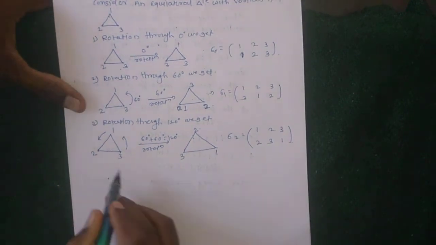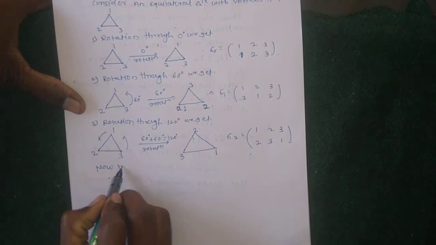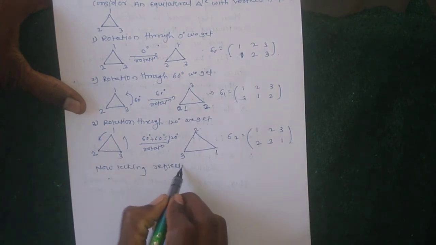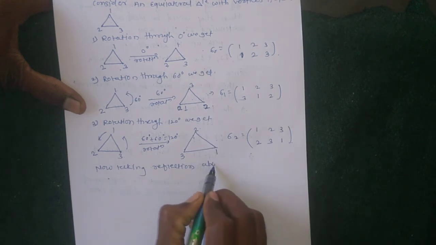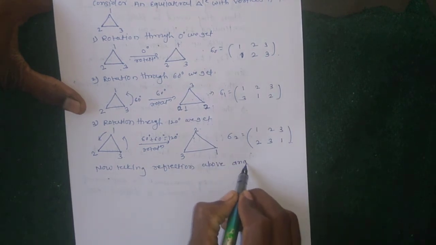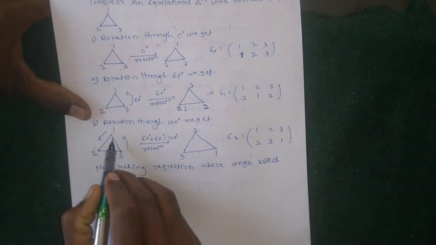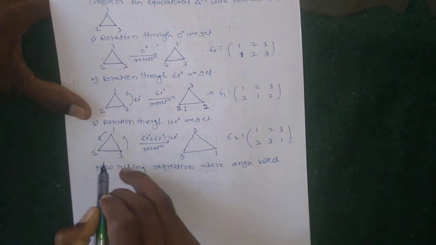Okay, now taking reflection above the angle bisector.